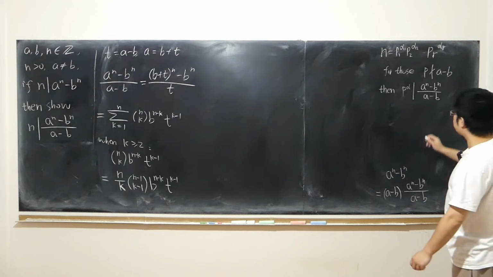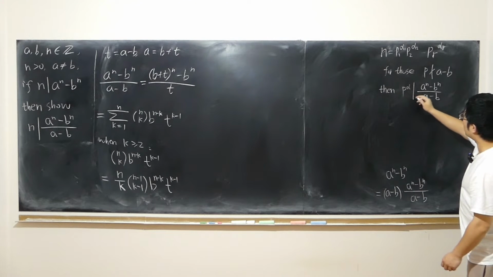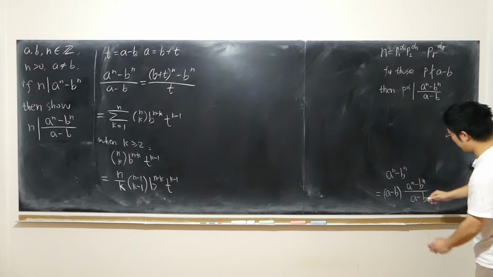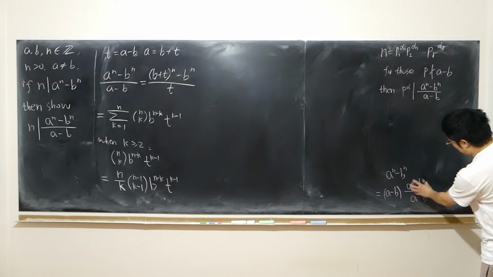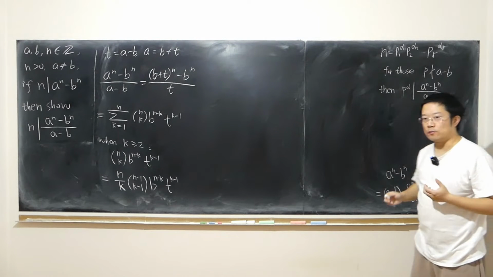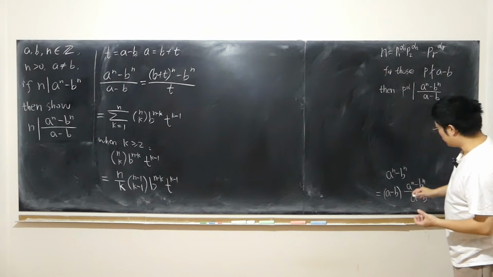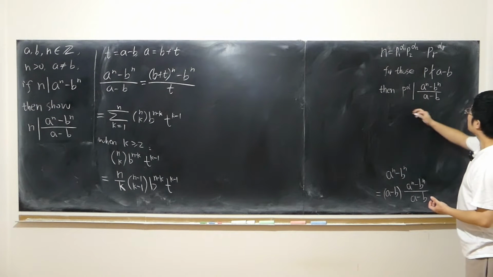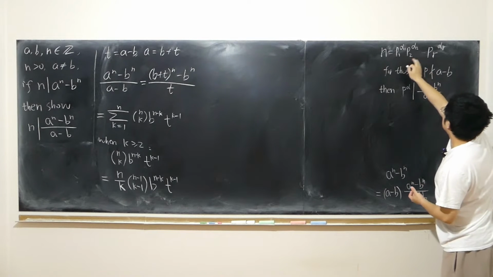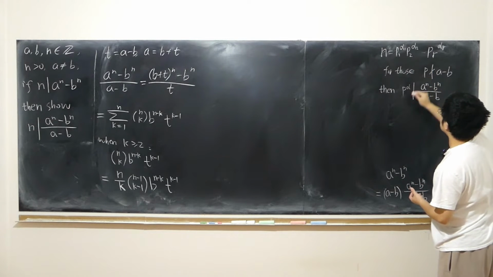As long as p to the alpha doesn't divide a minus b, it has to divide the other factor. This is because of the fundamental theorem of arithmetic, unique factorization. So those primes are fine, nice primes.